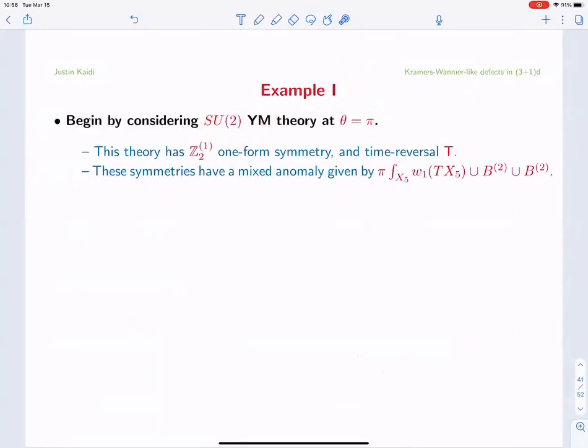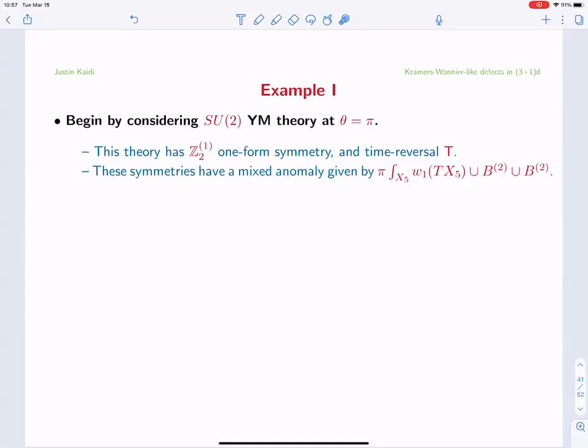This theory has a Z2 one-form symmetry, which is just the center symmetry of SU(2). And it also has a time reversal symmetry, which sends theta to minus theta. And it turns out that these two symmetries have a mixed anomaly of precisely the previous form. So the background gauge field for the time reversal symmetry is played by the first Stiefel-Whitney class of the tangent bundle of X in this case.